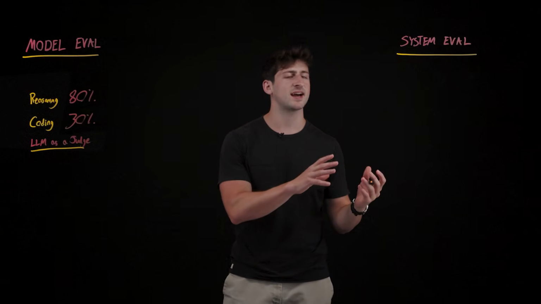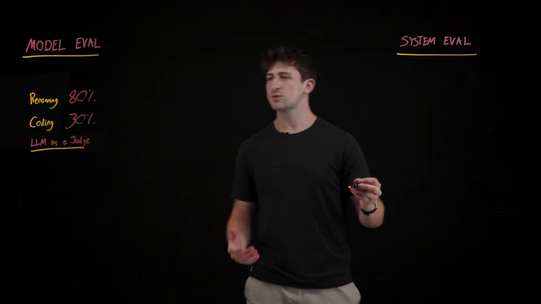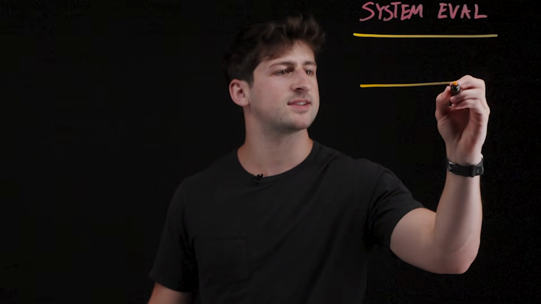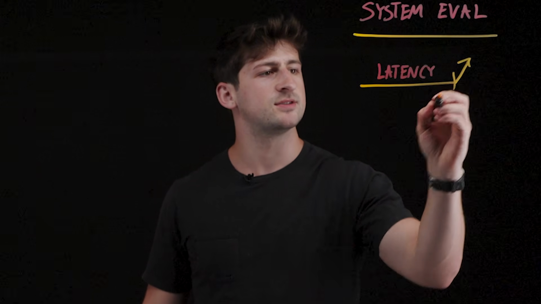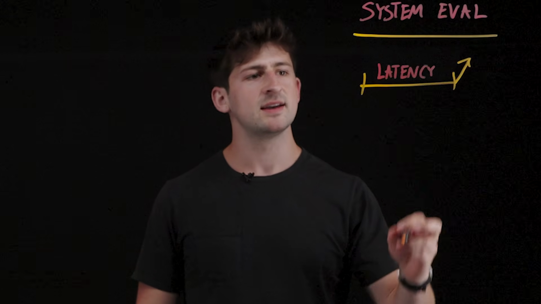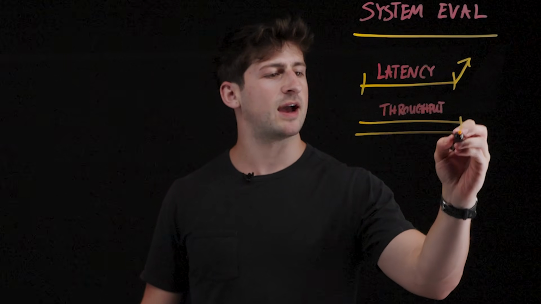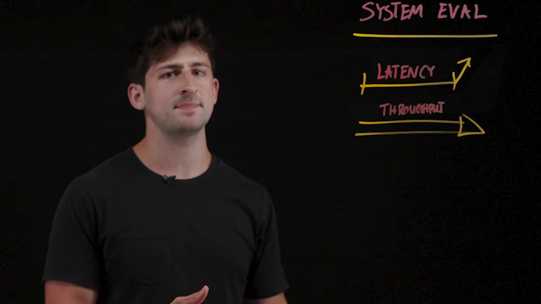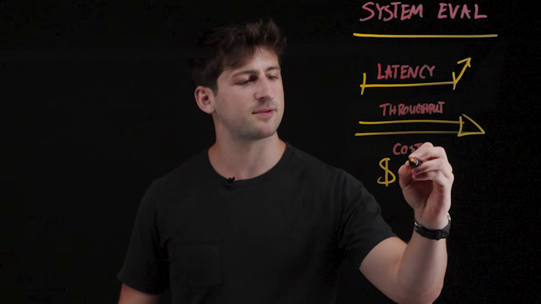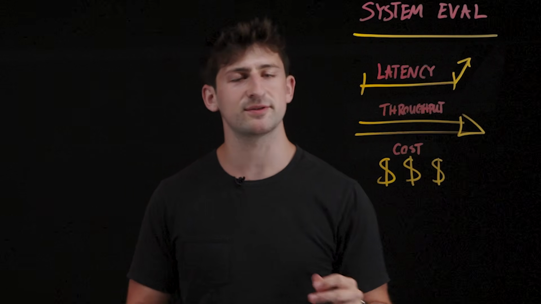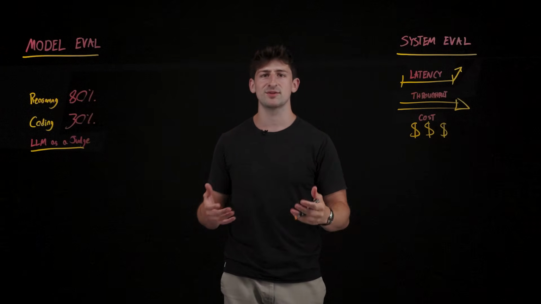Now, on the other side, with the system evaluation, we're looking at things such as the latency, so how long a user is waiting to get their response back, but also the throughput, so how many users can we serve at one time, and what's the cost going to look like when we do this at scale, whether we're using an API or we're running our own models.